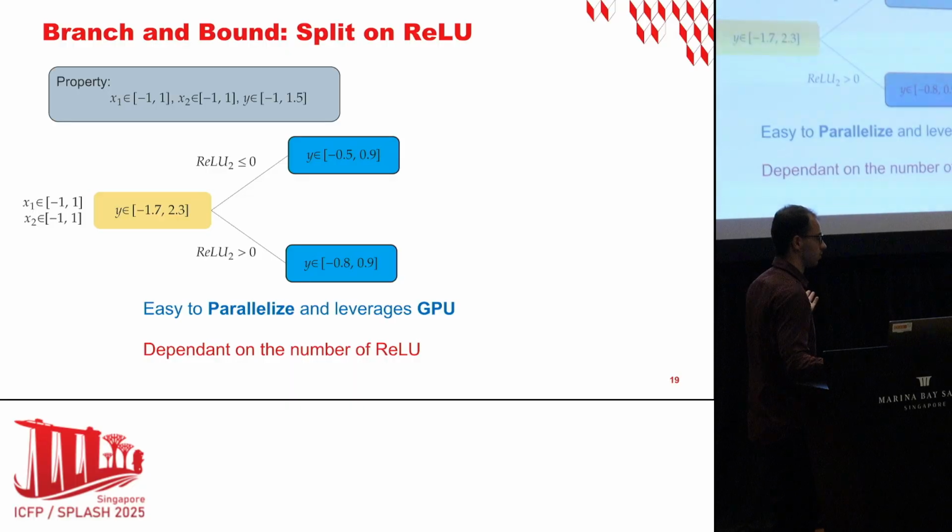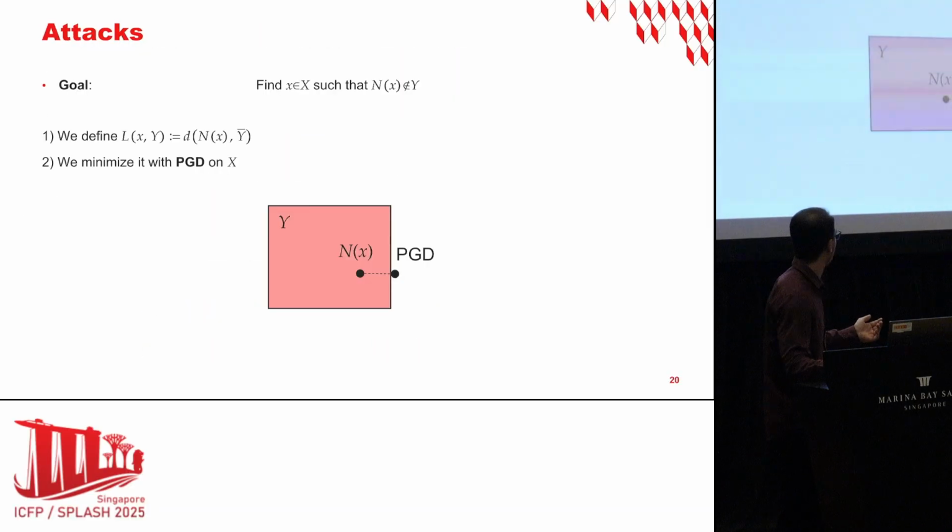And similarly to branch and bound on inputs, you can prove them. You can also parallelize them and leverage GPUs. But now this is dependent on the number of ReLUs and not on the number of inputs. So this is the overall mechanism of PyRAT.